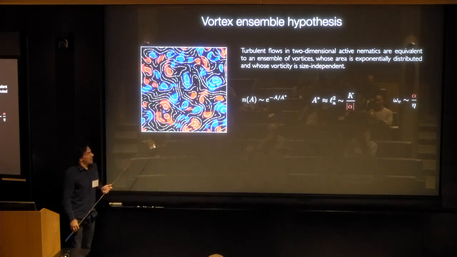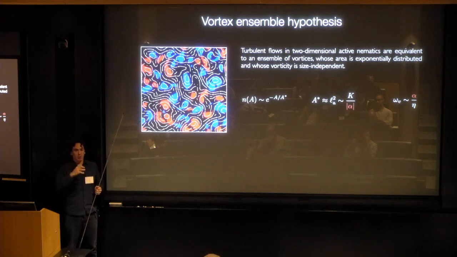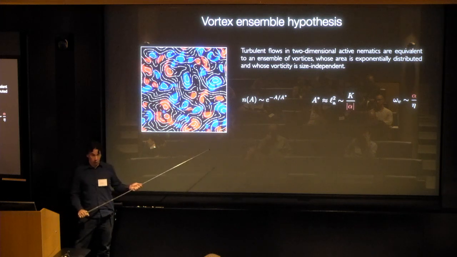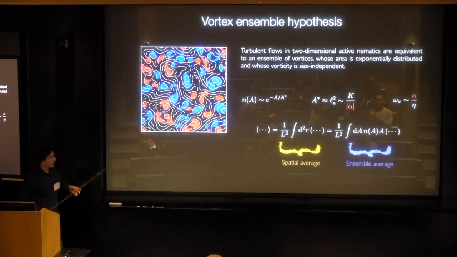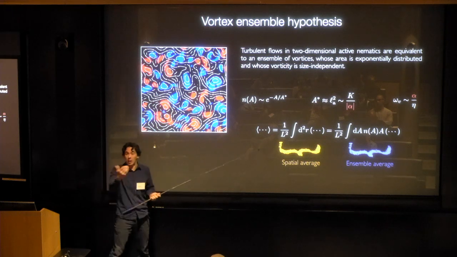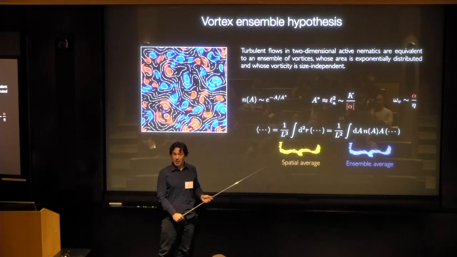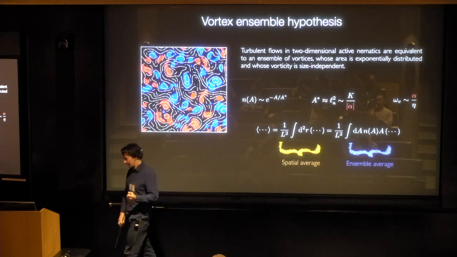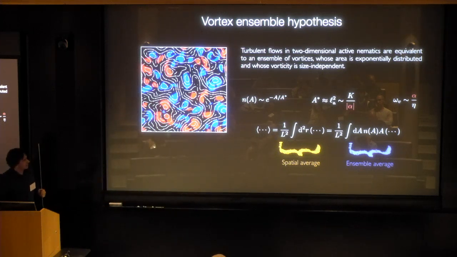Okay. Now, this is not just a way to make sense of things, like a conceptual framework. This is also a calculation tool, because now what we can do is to replace the spatial averages that you would like to calculate when you deal with turbulence with the ensemble averages. Okay, so far this is a working hypothesis. It's not tested. So let's see how it works when we apply this strategy.